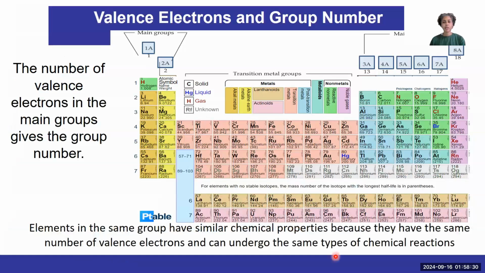The last thing we'll cover in this video is looking at valence number, or number of valence electrons. So if we take a look at the main group number using the A numbering system, notice that we've got 1A, 2A, all the way down to 8A.